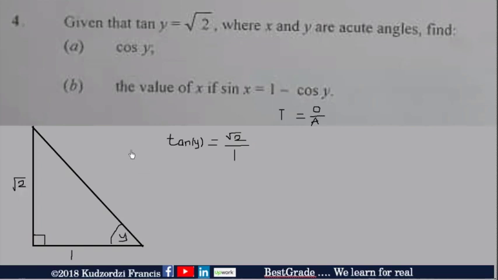Now from Pythagoras theorem, let's say this is the hypotenuse h. The hypotenuse squared is equal to the opposite squared plus the length of the adjacent squared.